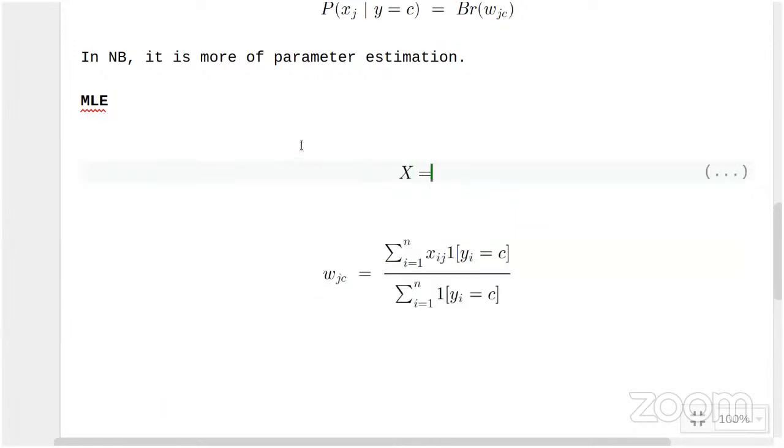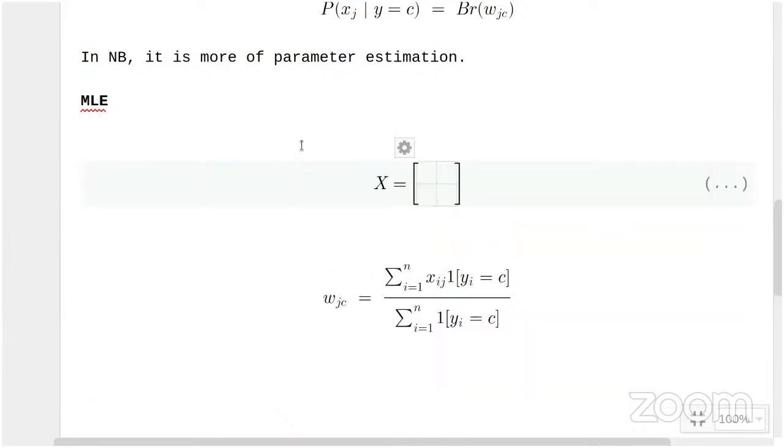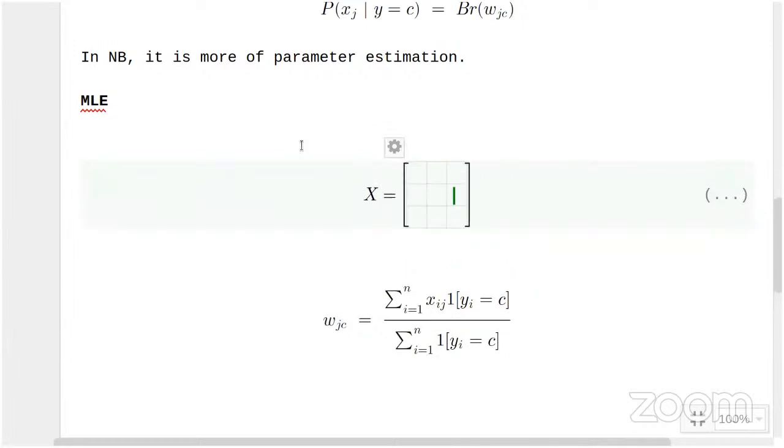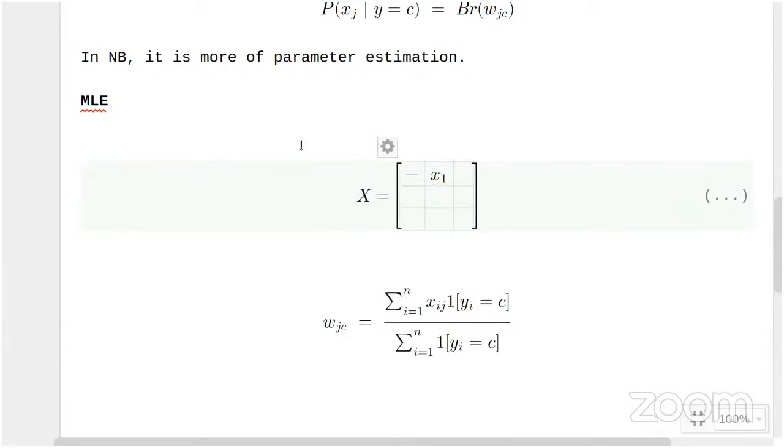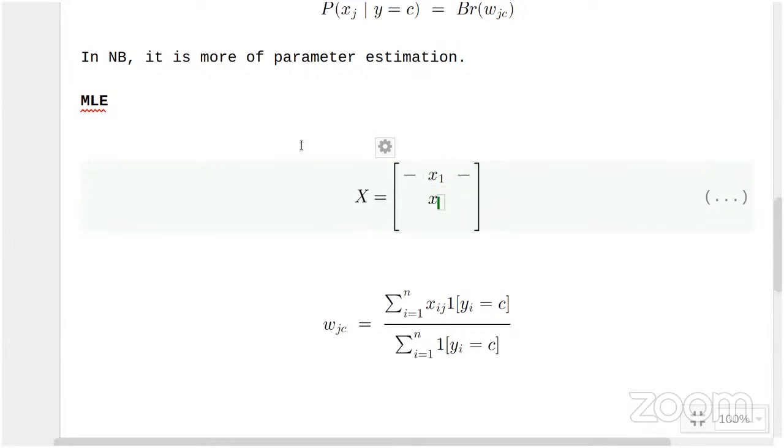What I'm talking about is you have a feature matrix which is n cross m. So let me put it this way. This is x1, the first training example. This is x2, the second training example, and so on. Let me write this as xi, the ith training example, and this is xn.